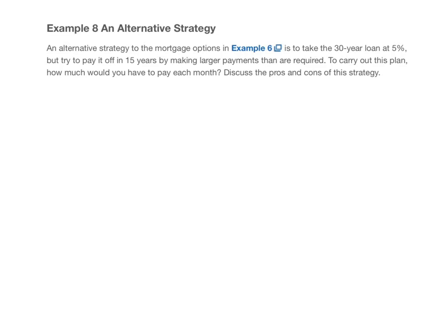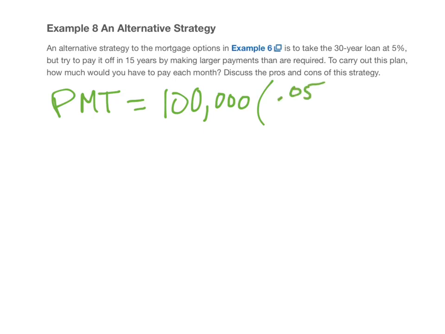All right, so let's say you take the 30-year loan, but you do try to pay it off in 15 years by making extra payments. You might want to know how much you would need to pay each month in order to do that. So we use that monthly payment formula, and we go with the $100,000 principal, but this time we'll go with the higher rate. So we're assuming somebody took the 30-year mortgage with the rate of 5%, but then we're going to adjust the term to be 15 years and see what happens then.